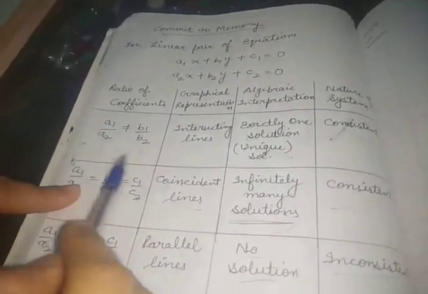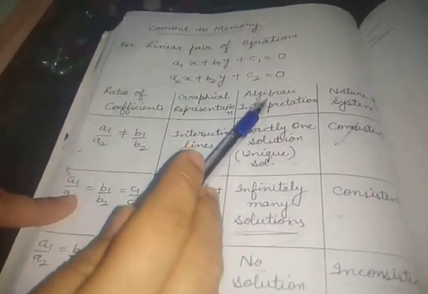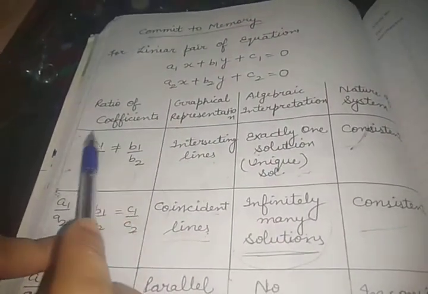Till now you were doing it this way. If this ratio is not equal, then you were saying the graphical representation is intersecting lines and the algebraic interpretation is exactly one solution. But now if you are given the algebraic interpretation, that means the given pair of linear equations has exactly one solution, then according to this you can write the ratio of coefficients also.